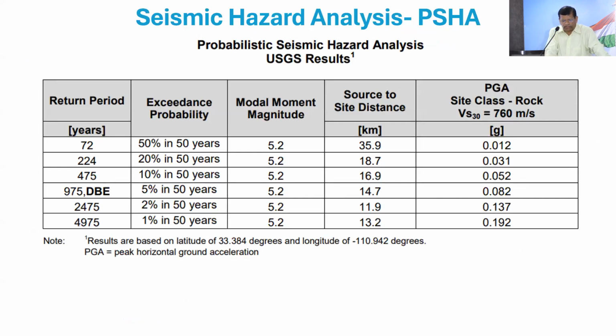First of all, this is called seismic hazard analysis. In seismic hazard analysis, we have two types: one is probabilistic, another is deterministic. I will just put the basics of probabilistic versus deterministic. We look into several possible earthquakes. For example, we are designing a dam in Canada, but there also we look into whatever possible earthquakes are happening everywhere.